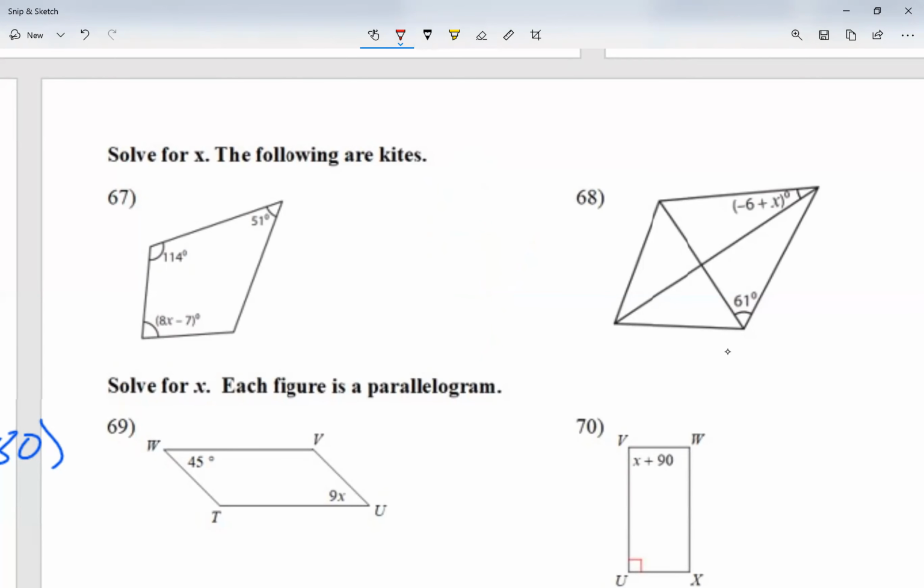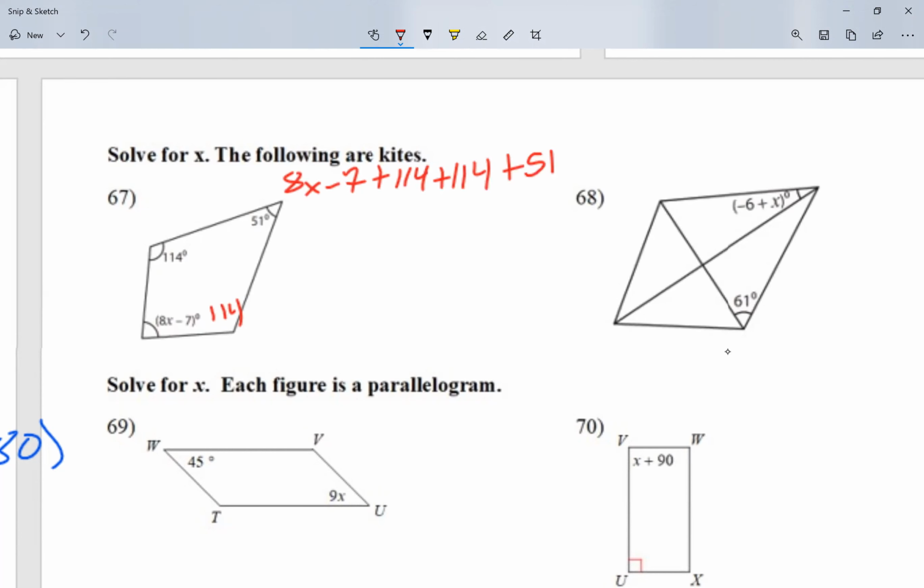Now let's take a look at number 67. I'm going to say this missing angle is 114. The reason why, because those two side angles have to be equal. Okay, I have to solve for x. But look, you have all the angles on the inside. So I'm just going to add everything. 8x minus 7 plus 114 plus 114 plus 51.